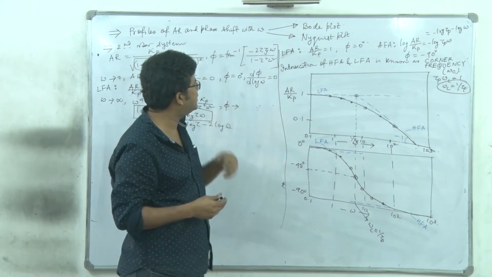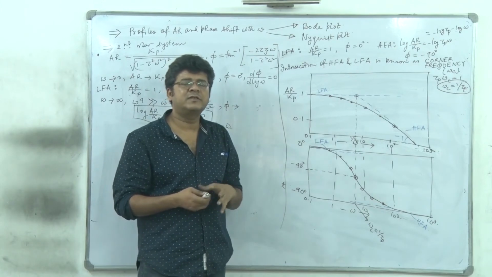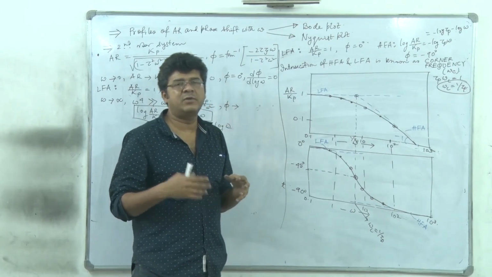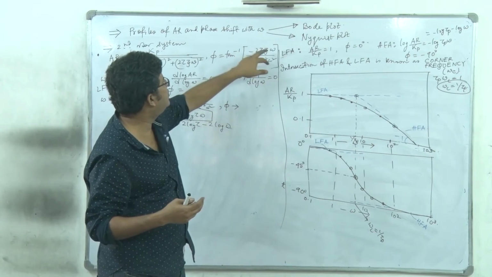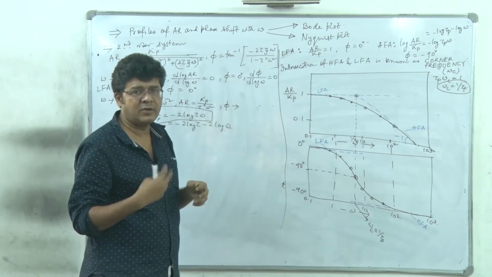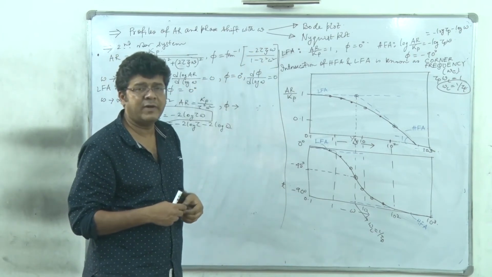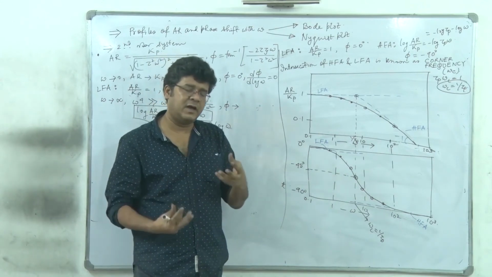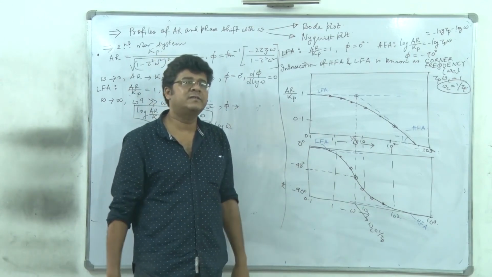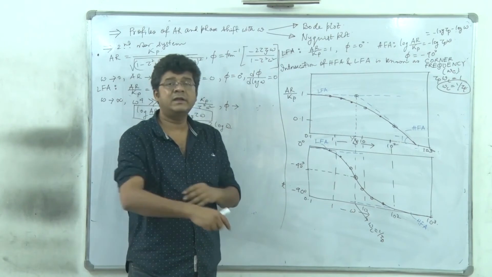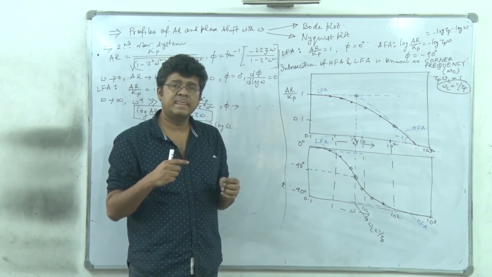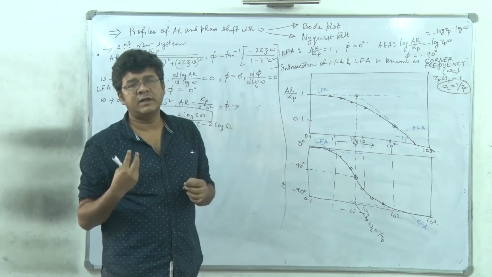So phi will be equal to tan inverse of 2 zeta divided by tau omega when omega tends to infinity. Now when omega tends to infinity, this denominator tends to infinity, so it is tan inverse of 0, right? Now tan inverse of 0 does not mean it will be equal to 0 degree. Why?